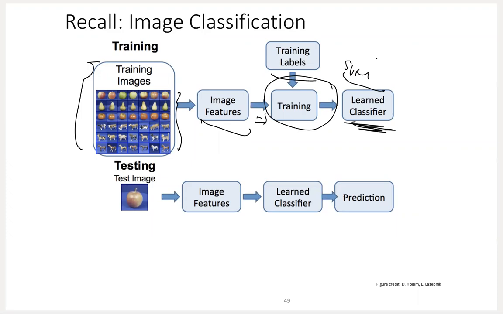Now when I use it, I have a new image, I go through the same process to create the features, and then pass them to the SVM model. Then the SVM will tell me whether it's a cat or a dog and so on. So this is the pre-deep learning approach.